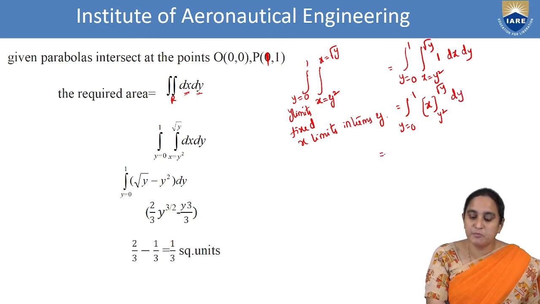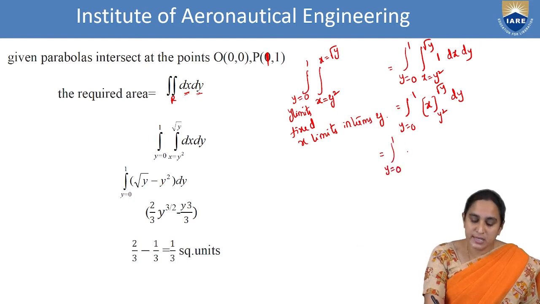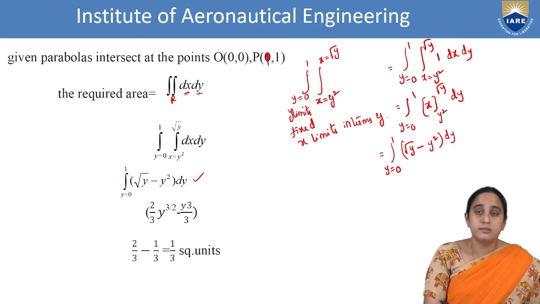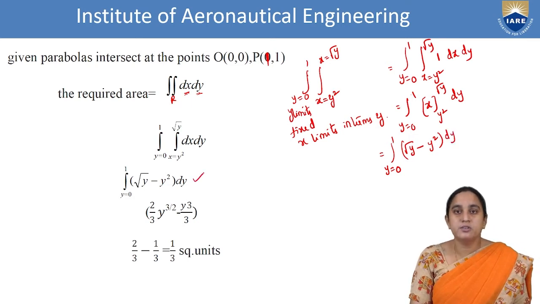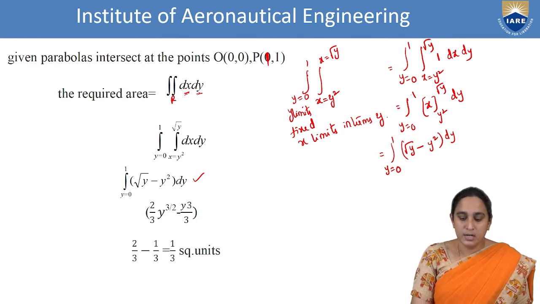Now substitute the limit points, that is the integral of y from 0 to 1, x upper limit point as root y minus lower point as y squared into dy. That is the integral of y from 0 to 1 of (root y minus y squared) dy.